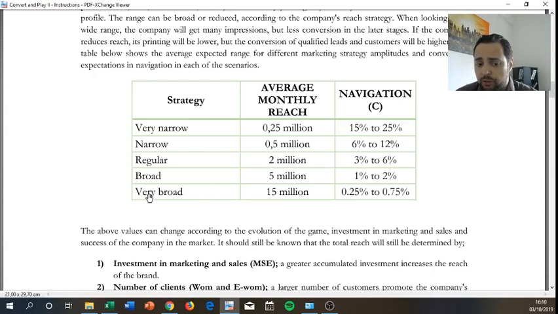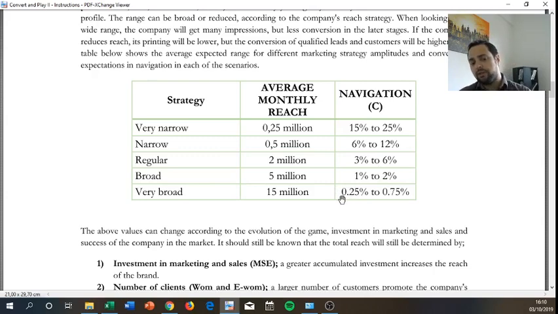As you choose a broader strategy, you start appearing everywhere on the internet. In every search in Google, you appear there. But for sure, a lot of people see those ads and say, okay, that's not for me. Because of that, the percentage of people you expect to convert and to enter into your navigation and start looking at what you're offering will be much smaller.